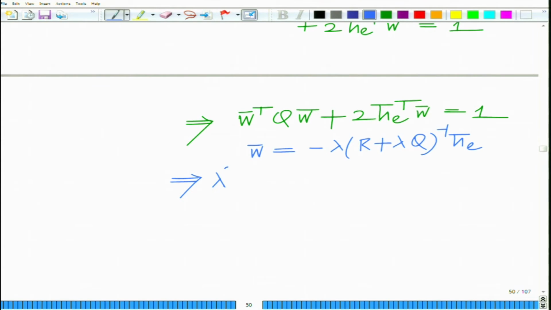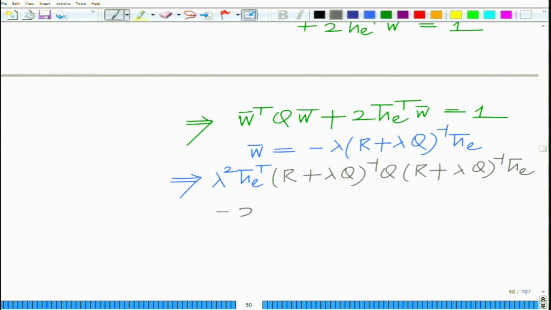You will get lambda square H bar E transpose R plus lambda Q inverse Q R plus lambda Q inverse into H bar E. It is a slightly lengthy expression, minus twice lambda H bar E transpose R plus lambda Q inverse H bar E minus 1, this is equal to 0. However, you can easily verify it by substituting it.